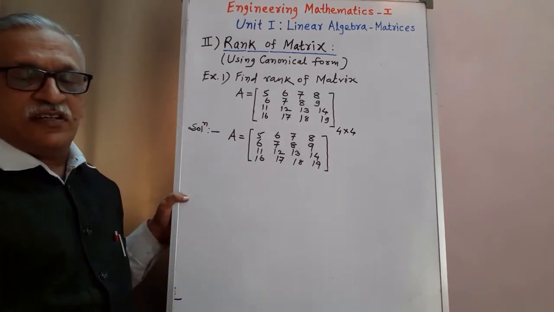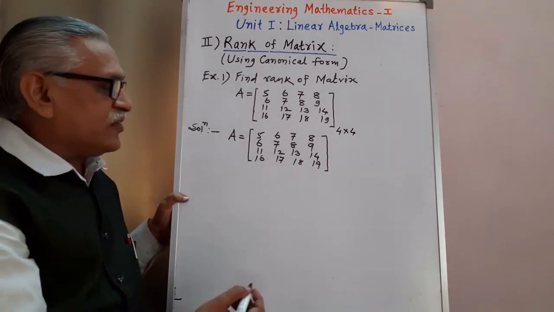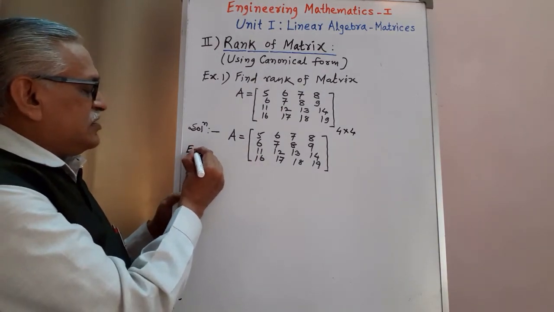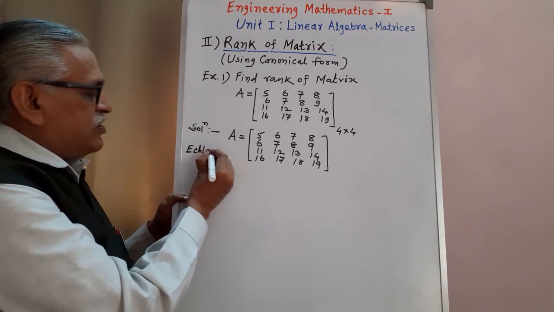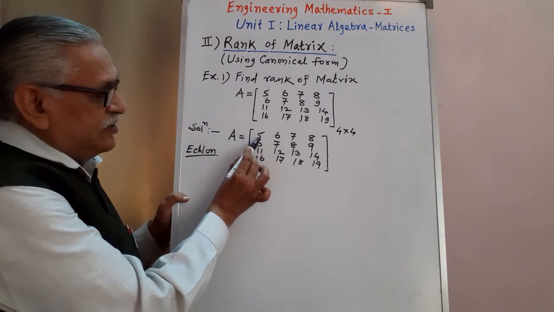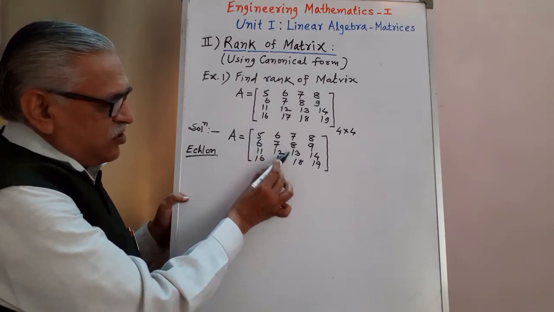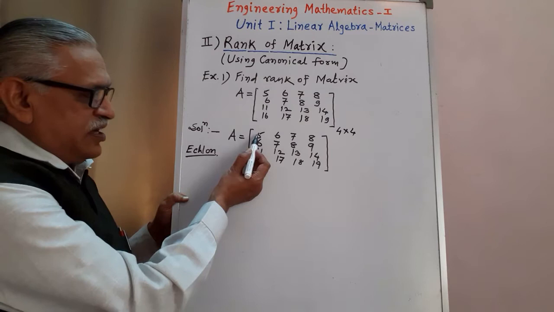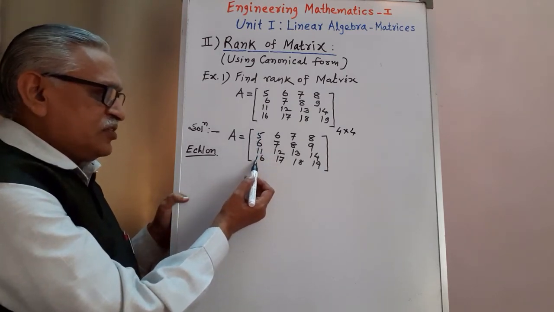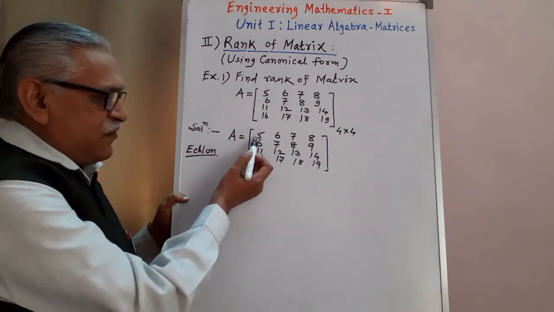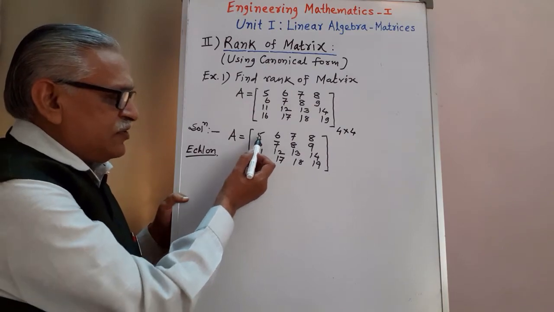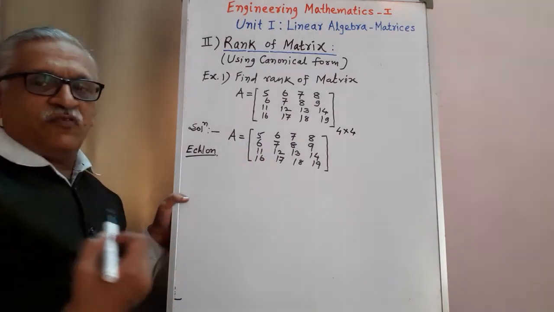I will convert this matrix to its canonical form or echelon form. In that way, we convert all the diagonal elements to non-zero. Here 5 is non-zero, and with its help we convert the others to 0. With 5 it is somewhat difficult to make all these elements 0, therefore I will make this a 1. 1 is non-zero.